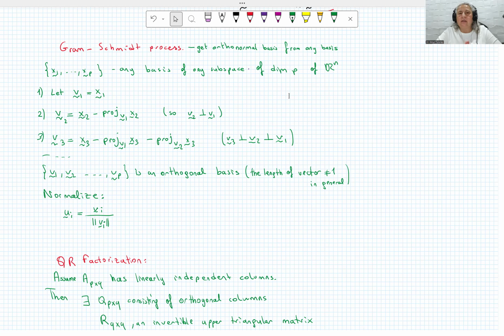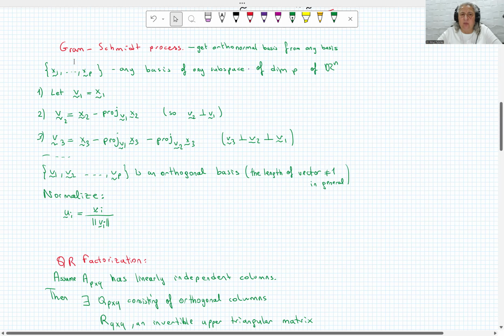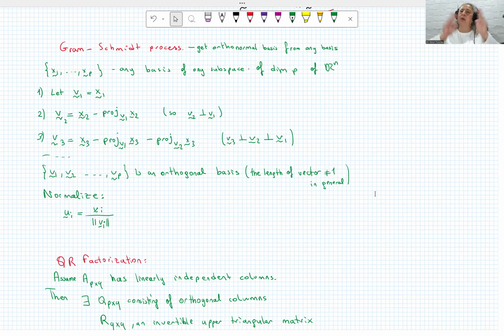So the Gram-Schmidt process: if you have any basis of the vector space, that's the process that will help you find an orthonormal basis from any given basis. Orthonormal means that it is orthogonal, all of the vectors are perpendicular to each other in the basis, and also their length is 1.